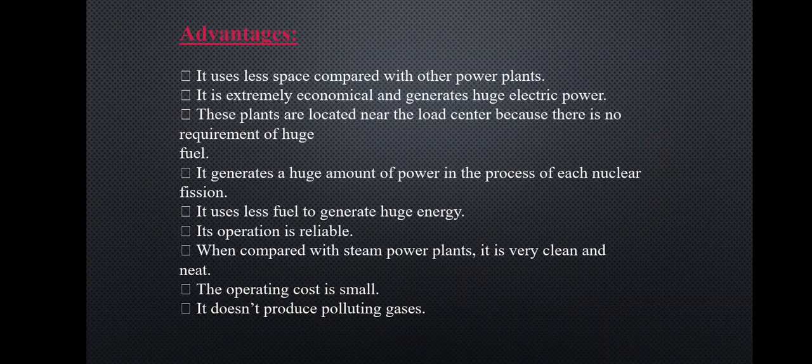Advantages of a nuclear power plant. It uses less space compared with other power plants. It is extremely economical and generates huge electric power. These plants can be located near the load center because there is no requirement of huge fuel. It generates a huge amount of power in the process of each nuclear fission.